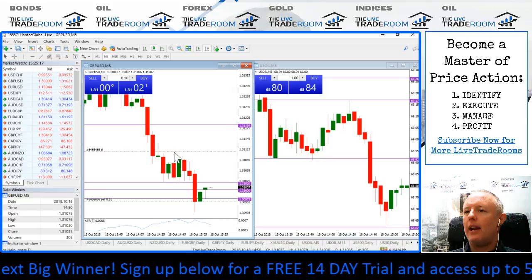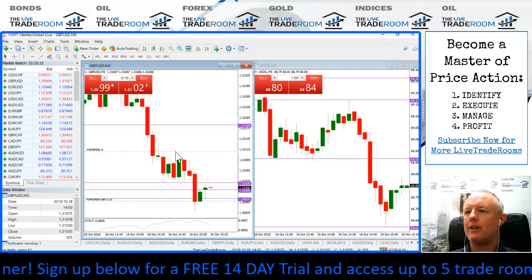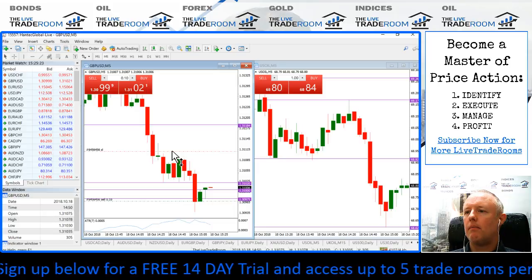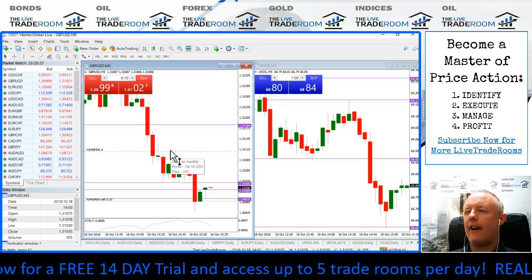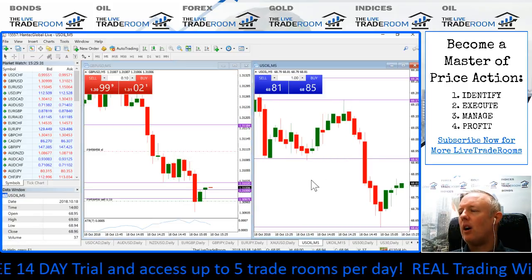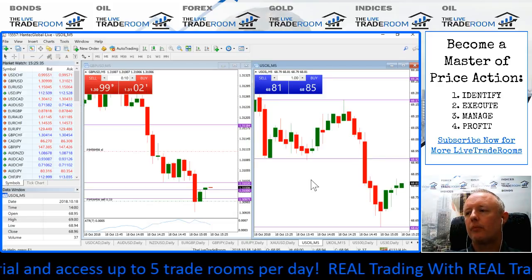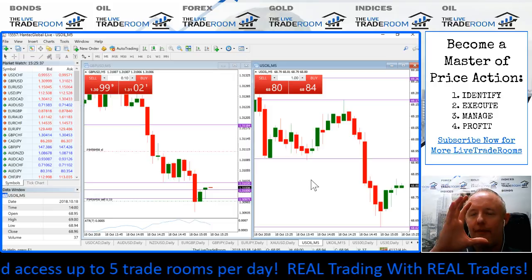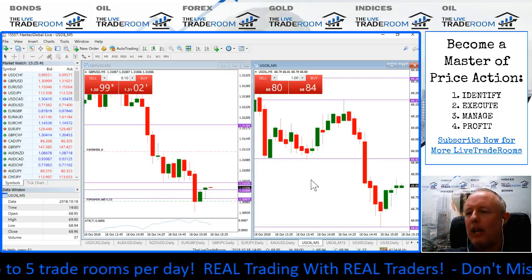So again, in terms of exposure, we're really focusing on keeping these stop losses fairly short. So we've got a 14 pip stop loss. We're not that interested really in increasing our exposure at this point.